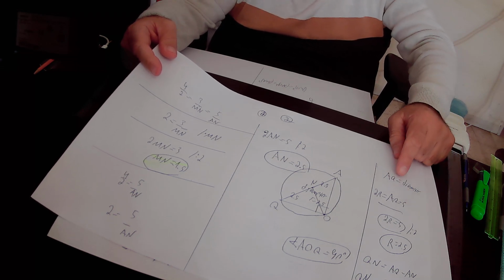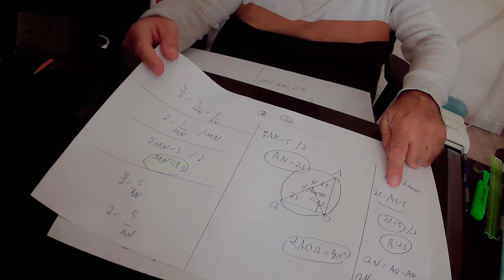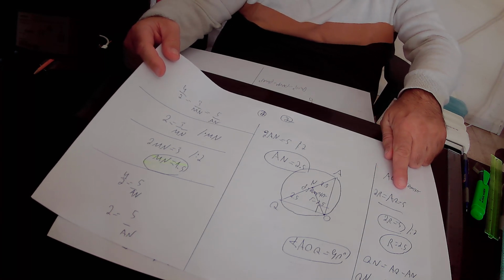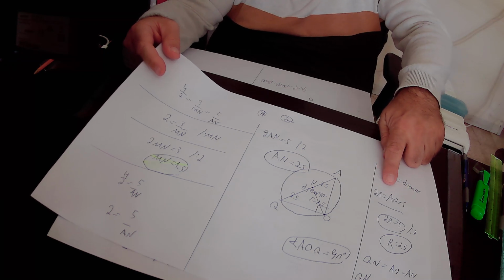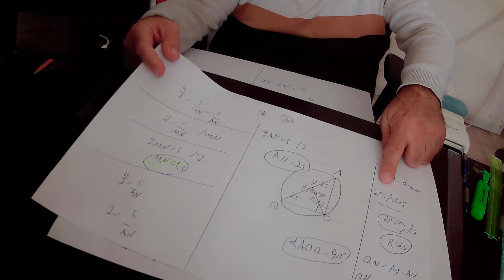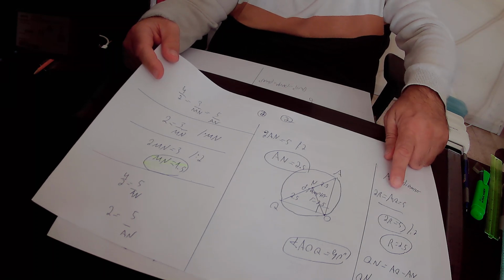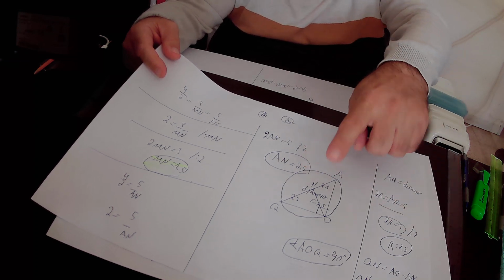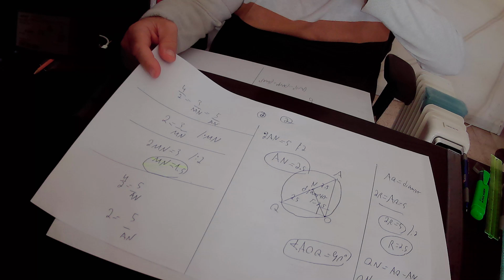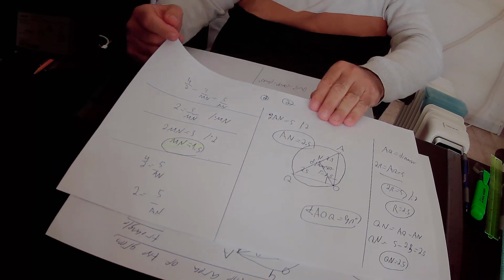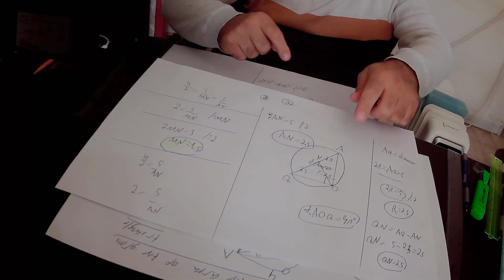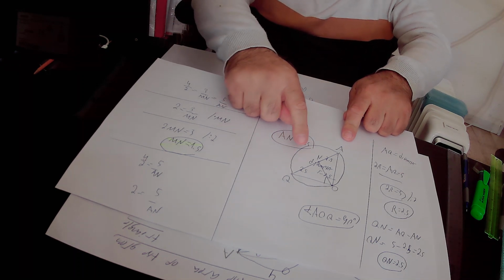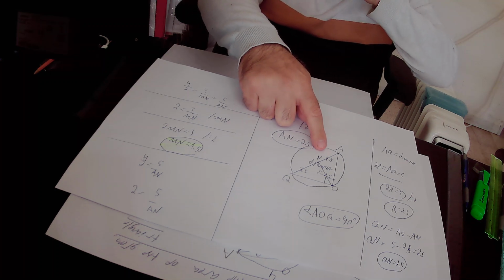It is the diameter of the circle, and the diameter of any circle equals 2r. So 2r equals QA equals 5. We divided this equation by 2, and finally we found out that the radius of this circle equals 2.5. So the diameter is AQ and the radius equals 2.5.